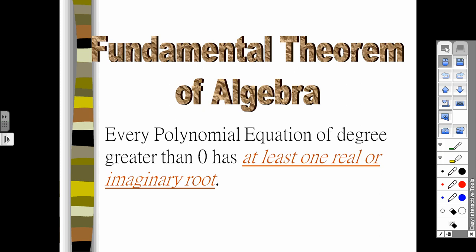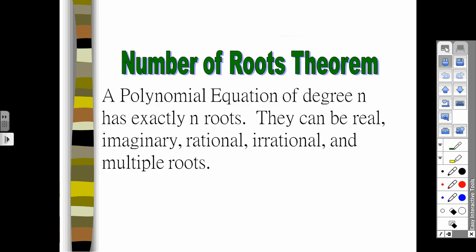So there's actually a better theorem for us to use, and that is called the number of roots theorem. And this one says that if you have a polynomial equation of degree n, it's going to have exactly n roots. So that means that if you have a quadratic equation, the degree is 2, you're going to get 2 roots. Remember, roots are the same as x-intercepts, so solutions.